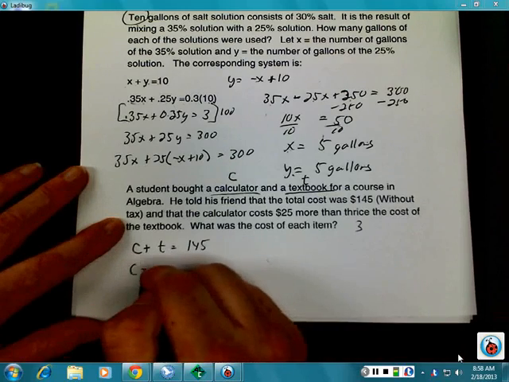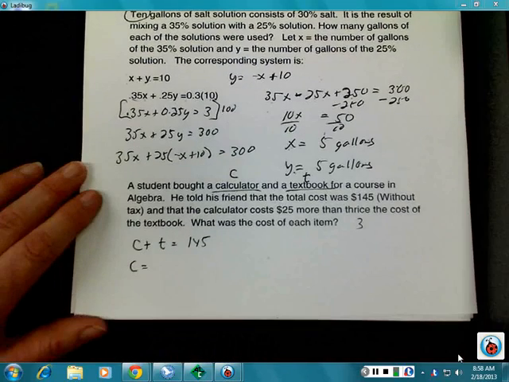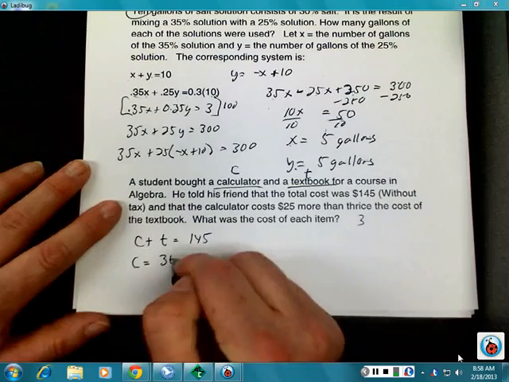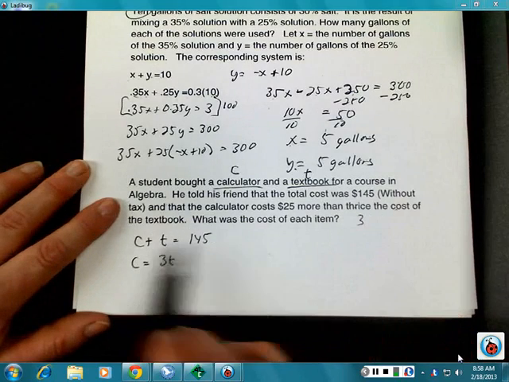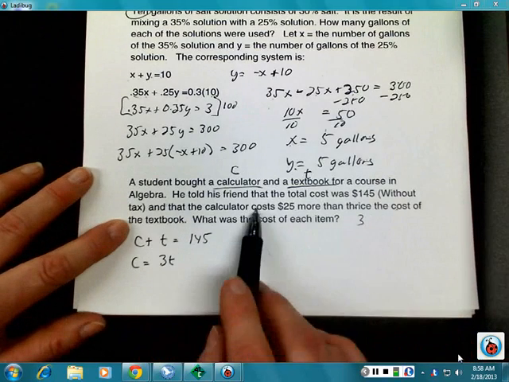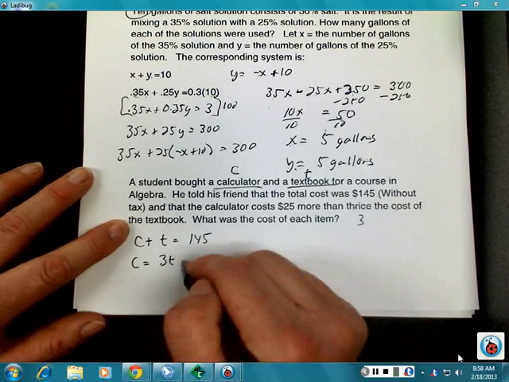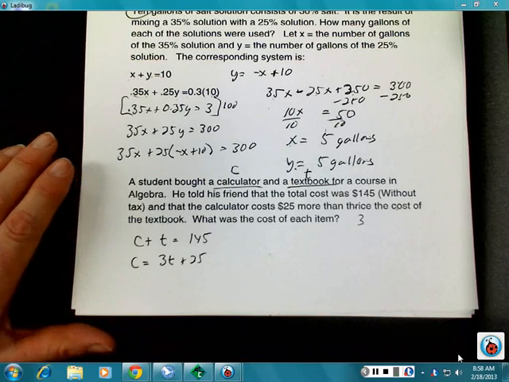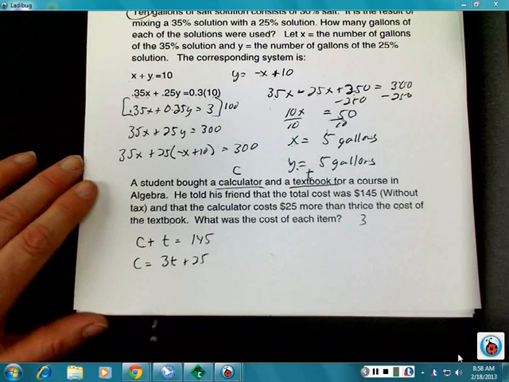That means the calculator is 3T's, because it's 3 times the cost of the textbook, but it's also $25 more.